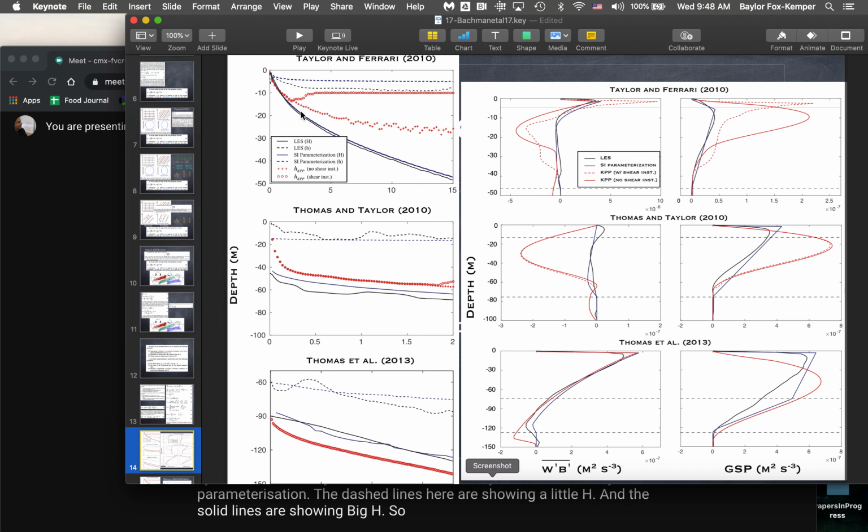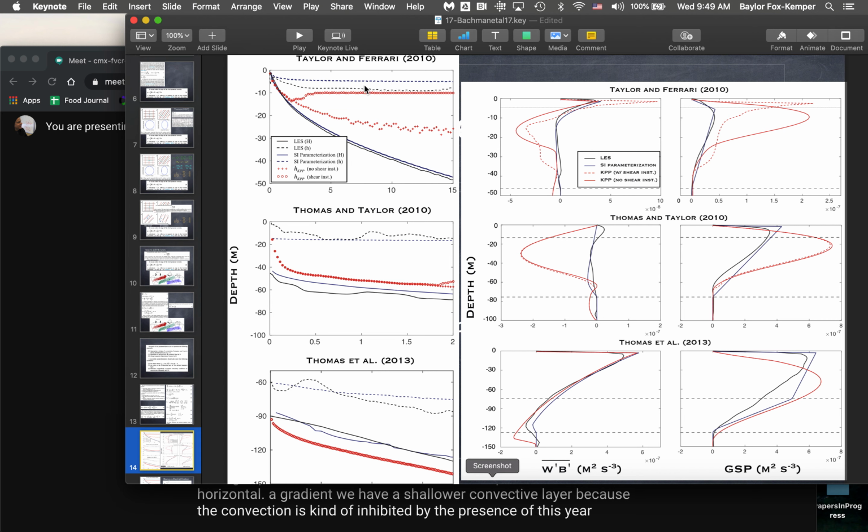So as the boundary layer deepens, big H is deeper than the standard KPP boundary layer depth would be. Little h is shallower. So SI is both shallower and deeper at the same time than what regular 1D mixing is predicted to do. That's because of the presence of this horizontal gradient. We have a shallower convective layer because the convection is kind of inhibited by the presence of the shear.